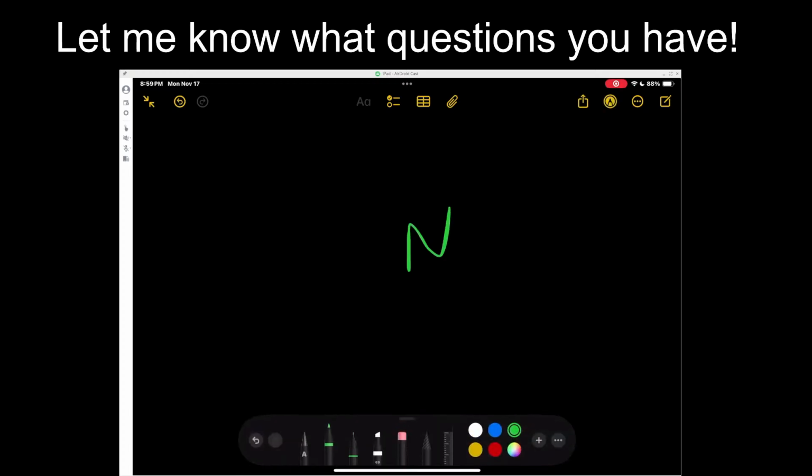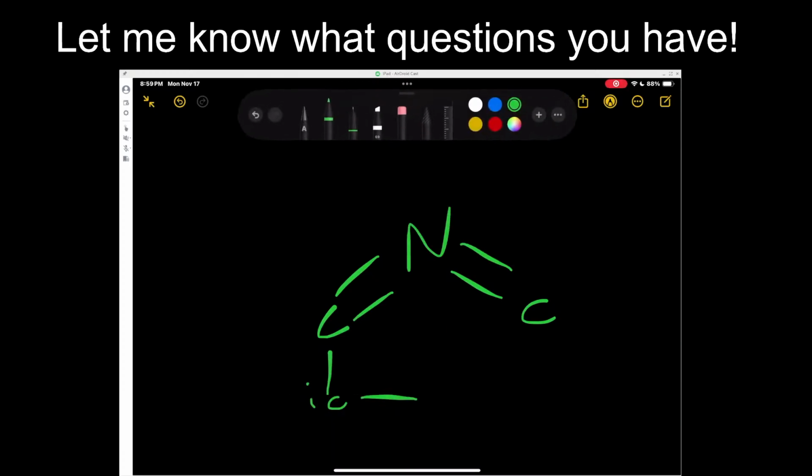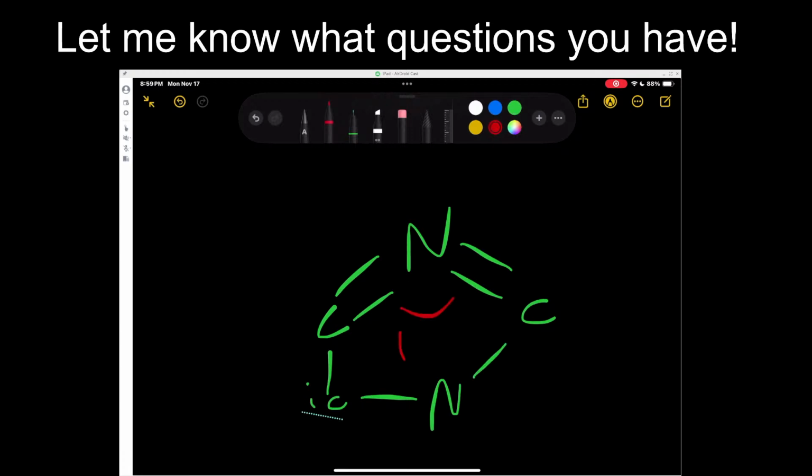We have a nitrogen double bonded to a carbon. We won't worry too much about where the lone pair is. Going down to another nitrogen, and another one there. Again, we just want to consider, is that a reasonable bond angle? Probably not.